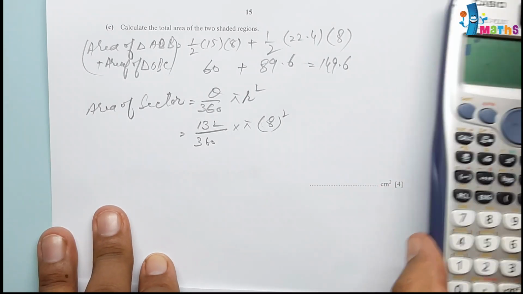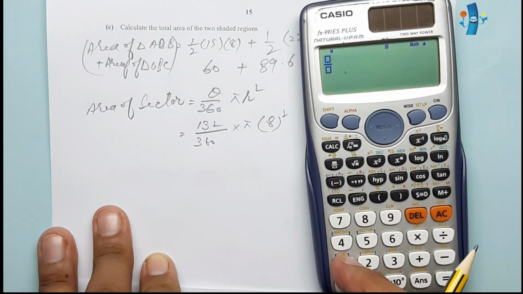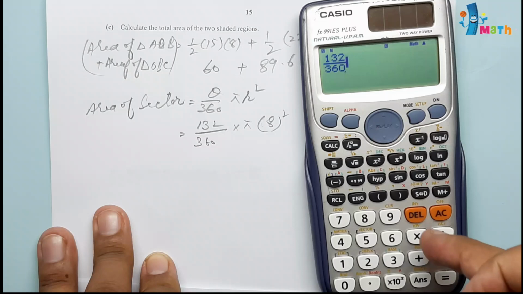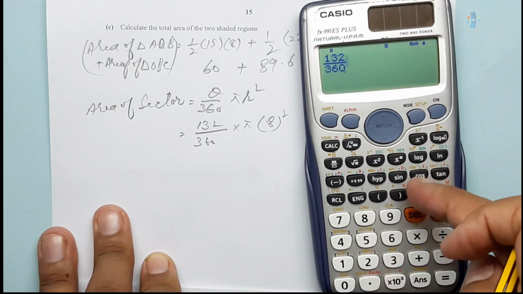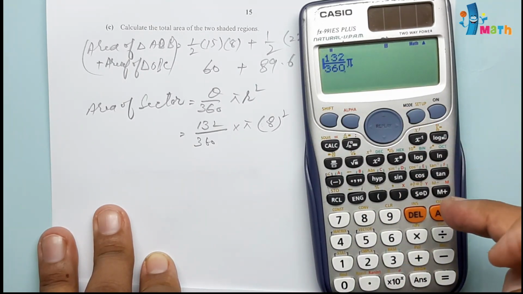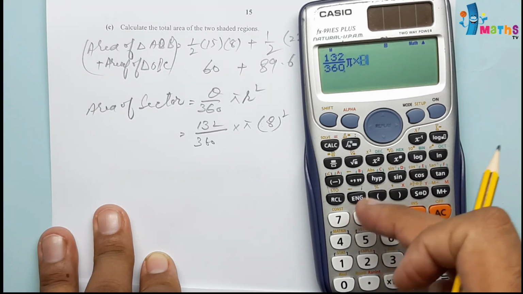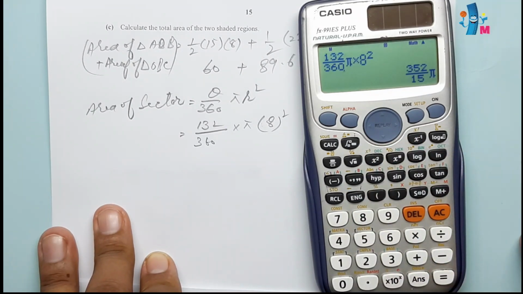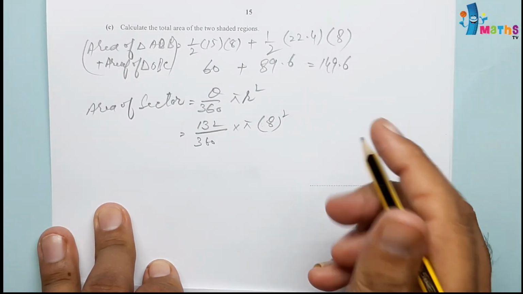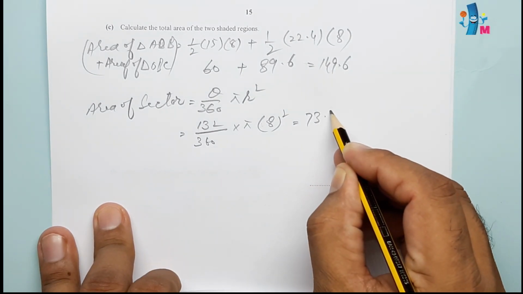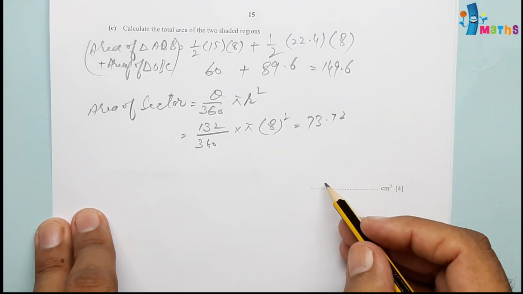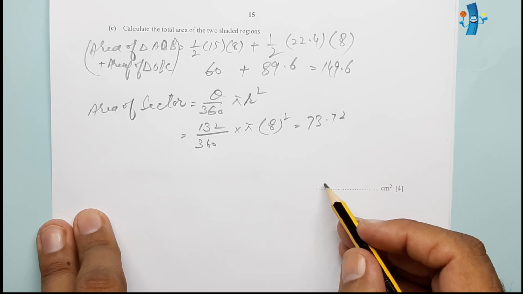So we can calculate 132 divided by 360 into pi, multiplied by 8 squared. So this will be equal to 73.72. So the answer we can write is 73.72.